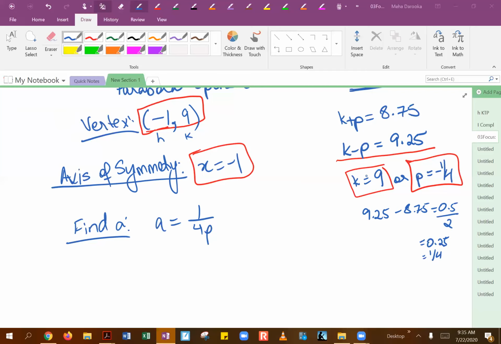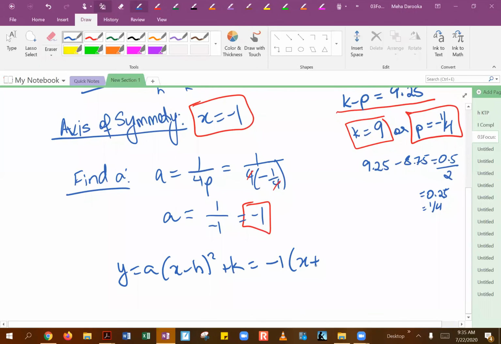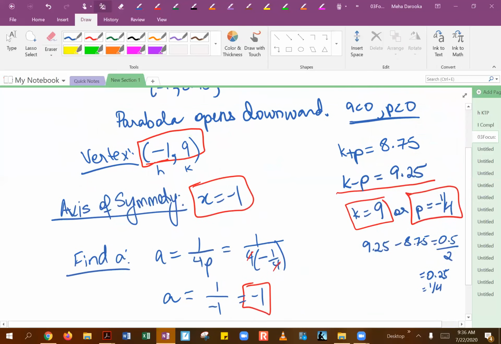So a is -1, x minus our h is also -1, so negative and negative would actually become +1 squared. And then our k is +9. So basically you have negative x plus 1 squared plus 9 as the equation of our parabola.